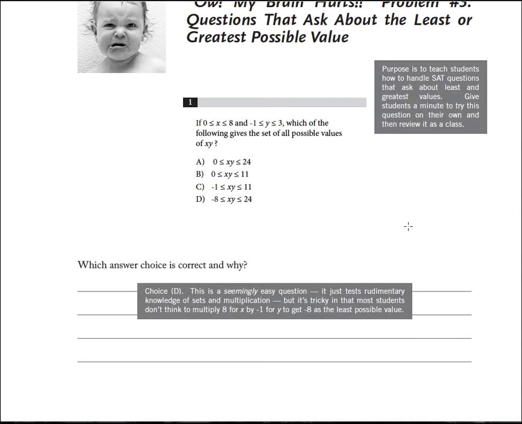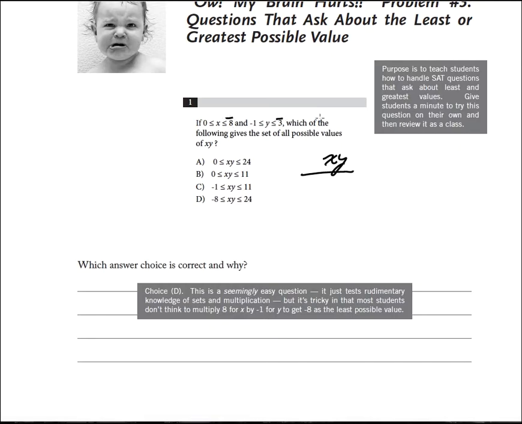So here's the deal. Let me do some mind reading here. Those of you, and I think virtually all of you got A here, what you probably did is you said, okay, I want x times y to be the very biggest that it can be, the largest, right? So therefore I have to pick the largest possible x and the largest possible y, and I have to multiply them. So the largest possible x is 8, right?